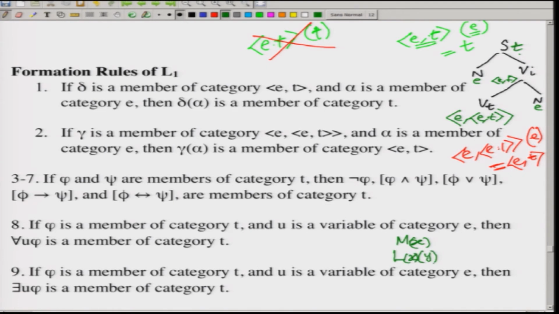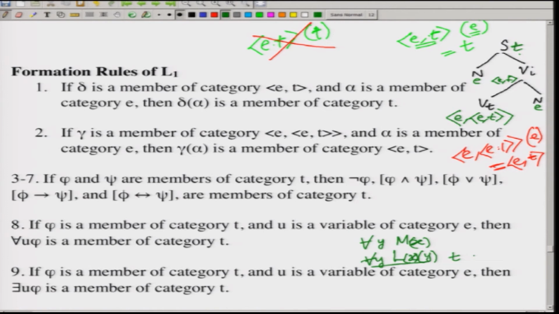And then if u is a variable, say y, then all y Mx is a formula, and all y Lxy is also, of course, a formula, but more than that, it belongs to the category T. That is, it belongs to the level where a statement belongs. We are not saying that these are statements, but they belong to the same category as the statements do.